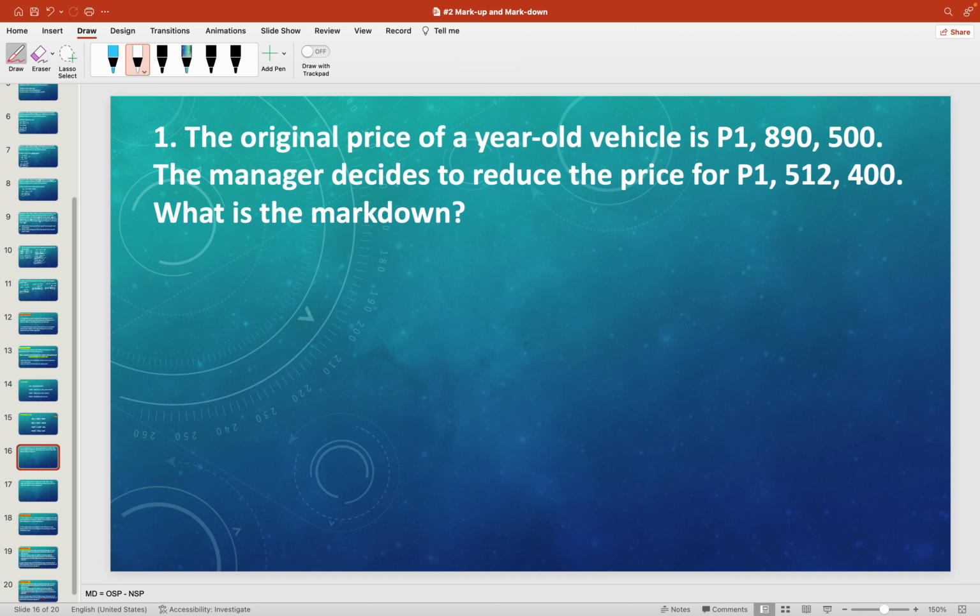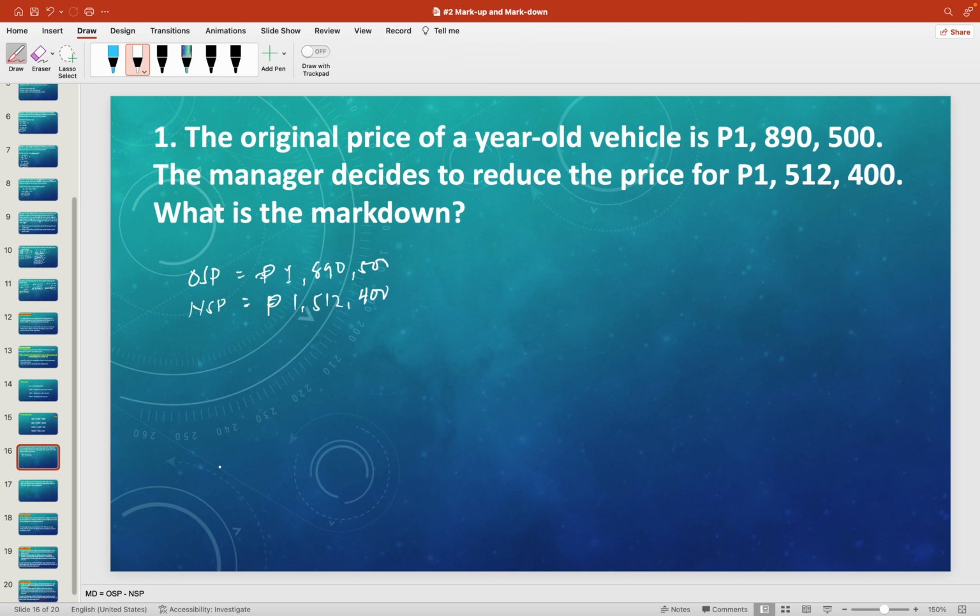So, para makuha yung markdown natin, kunin muna natin yung mga given natin. So, original selling price in here, OSP is equivalent to 1,890,500. Then, the new selling price natin, after the markdown is deducted, we have 1,512,400.